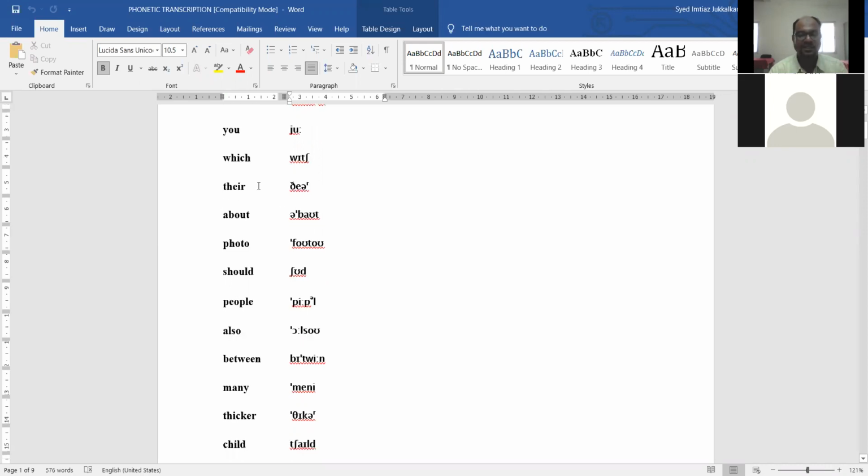The next word is "there." We generally say "there," but the ending r is not pronounced, so therefore it is "there." The next is "about."